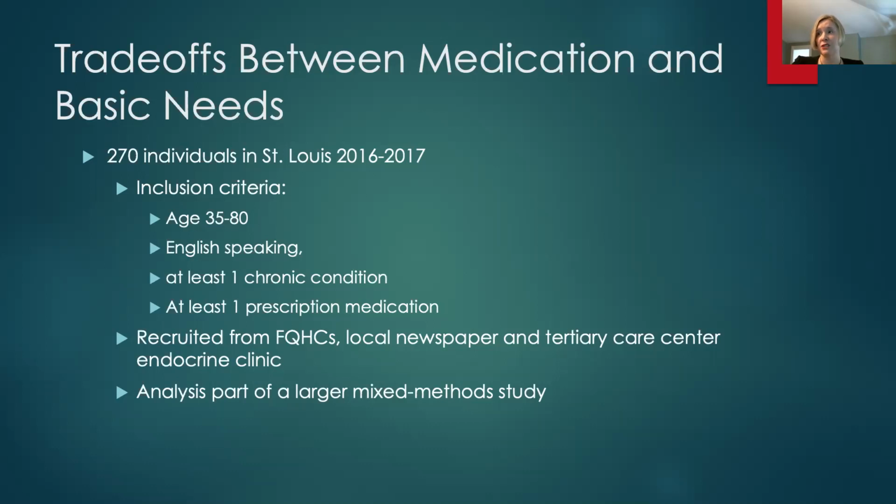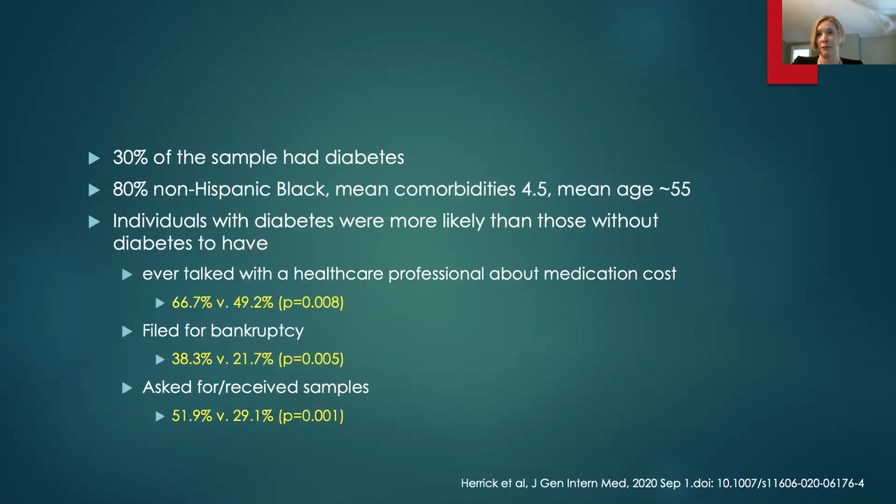And finally covered comfort with cost discussions among patients with healthcare providers. And in addition to the survey of 270 individuals, 52 individuals were recruited from this sample for an in-depth semi-structured interview to gain a broader perspective on how people made decisions around medication use and other basic needs.